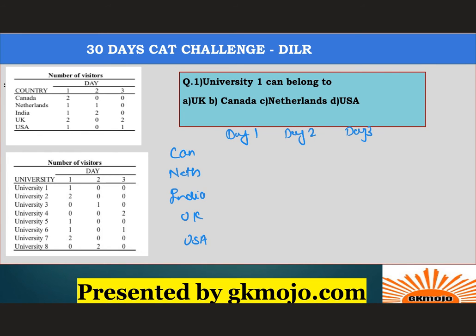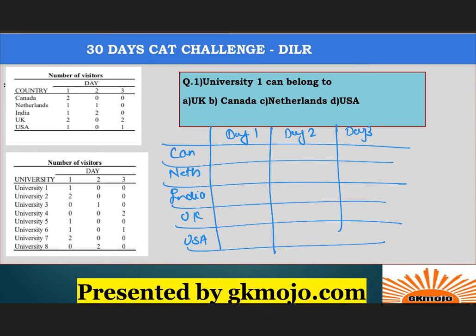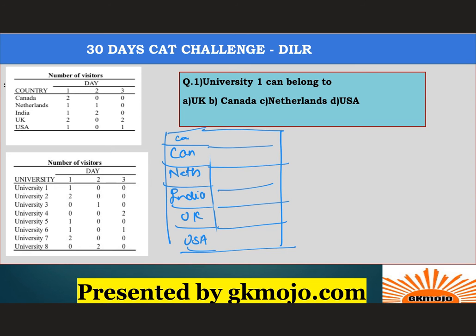We'll put university 1 2 3 4 5 6 7 8 in these columns as and when we get it. This is the representational data given, but we only need to find out on which day which university belongs to which country. As simple as that. Maybe like this: this is country and this is university.